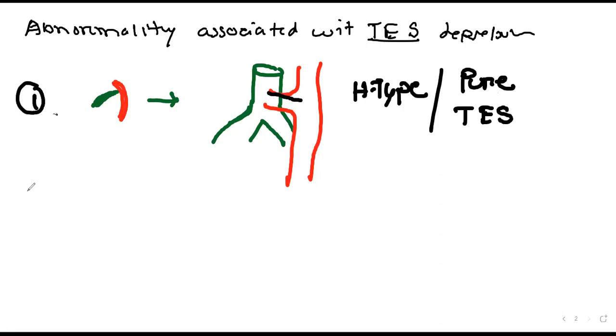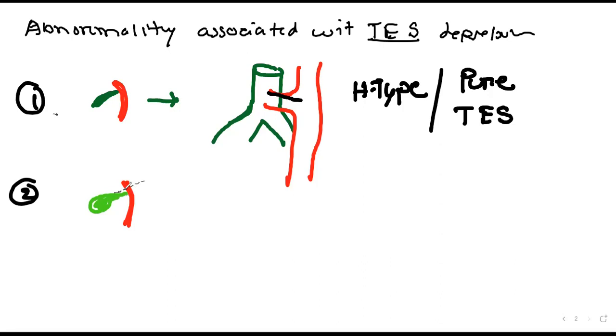And in the second, this is our normal foregut, and our lung bud is present in front of our foregut. What happens if our tracheoesophageal septum develops here, before the position where lung bud is attached with the foregut?